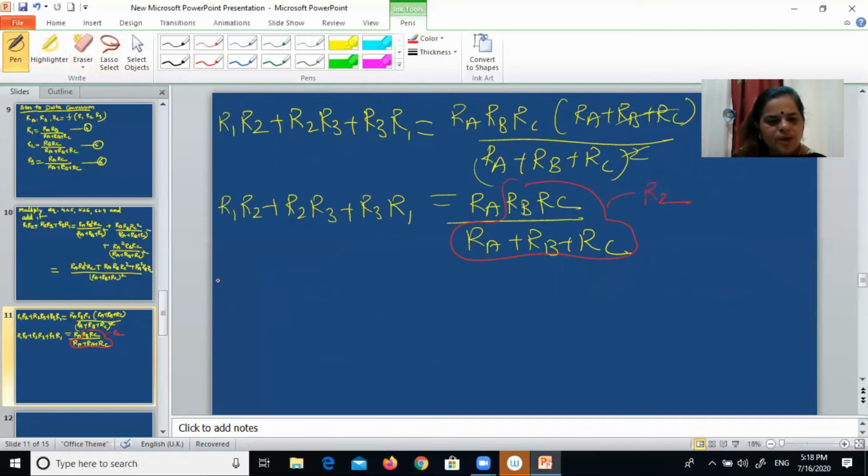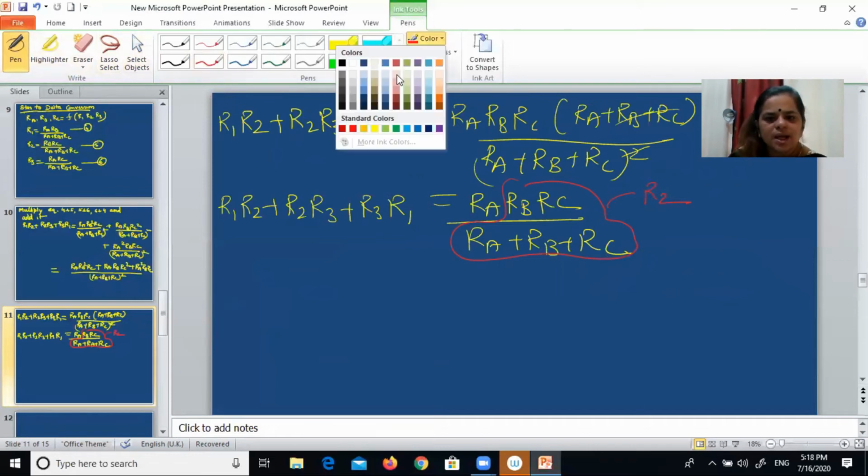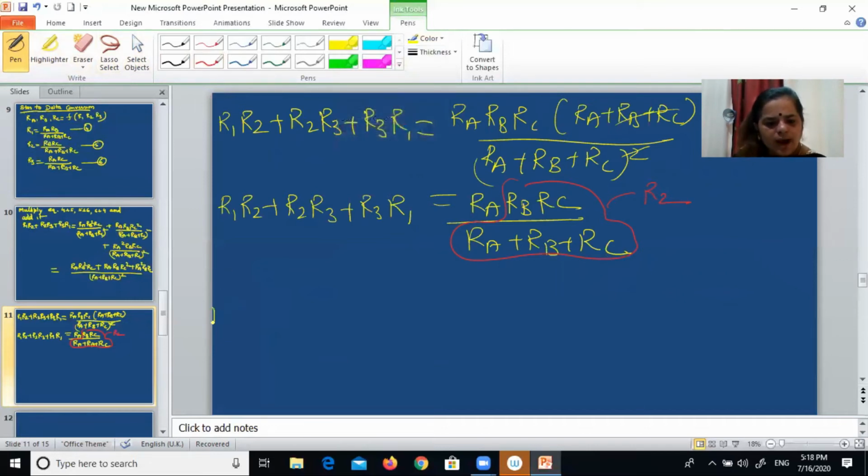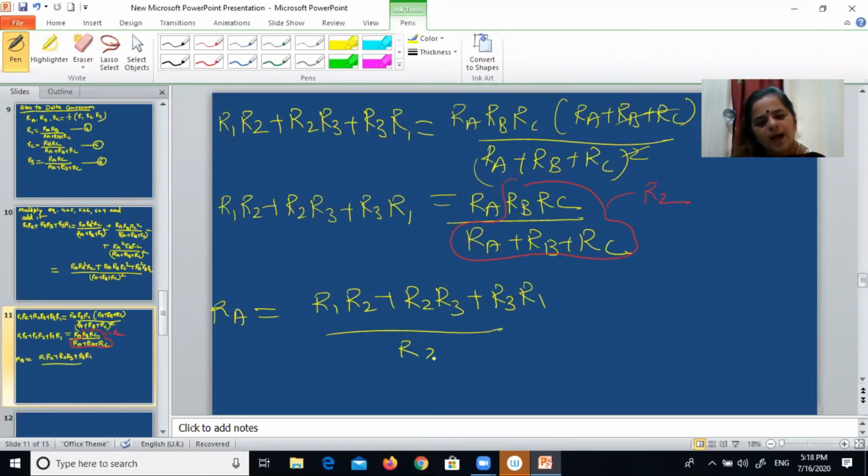Under that condition, I will get RA equal to R1 R2 plus R2 R3 plus R3 R1 divided by R2, which I can write as R1 plus R3 plus R1 R3 divided by R2. So this is RA in terms of R1 R2 R3.